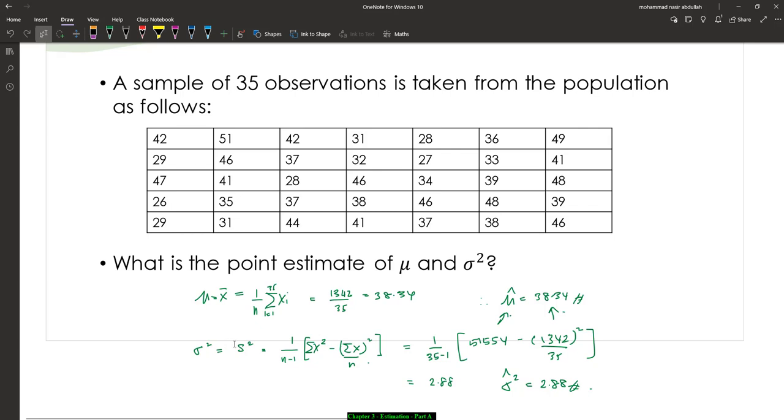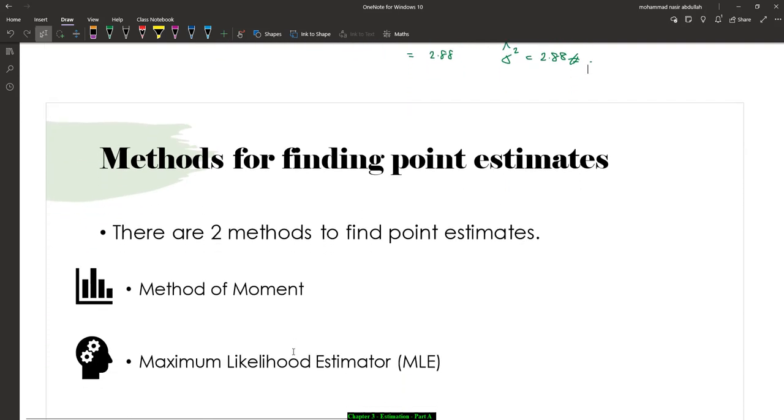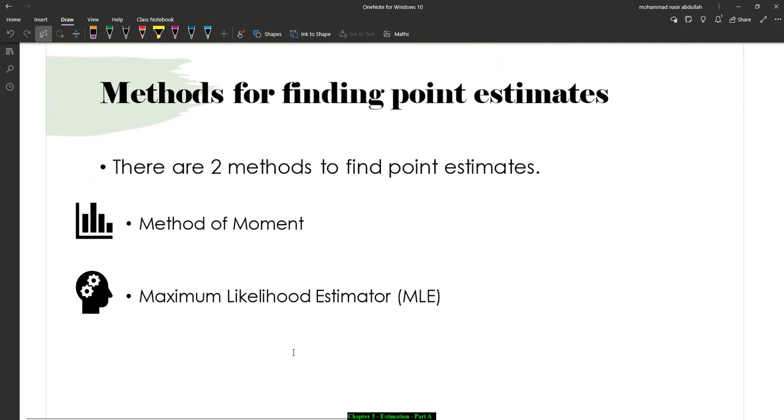So these first two examples are to make sure you understand the concept of point estimate and point estimator. By now you should know how to differentiate between a point estimate and a point estimator. Now let's look into the real topic that we're going to discuss, which is finding the point estimate. We're going to learn two methods to find a point estimate.